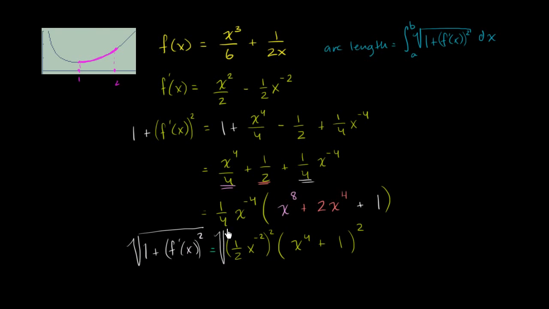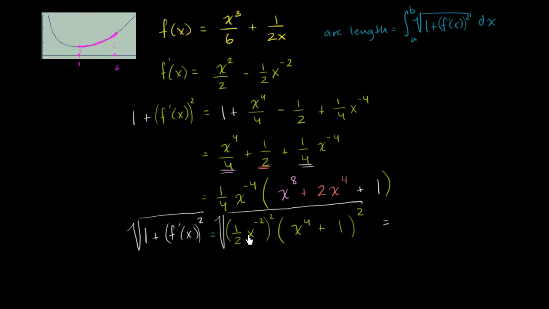So the square root of this is going to be equal to 1/2 x to the negative 2 power times x to the 4th plus 1 times x to the 4th plus 1. Did I do that right? Yep.